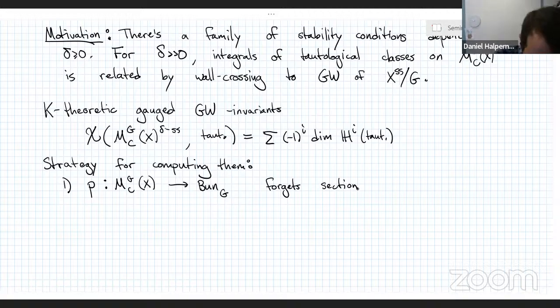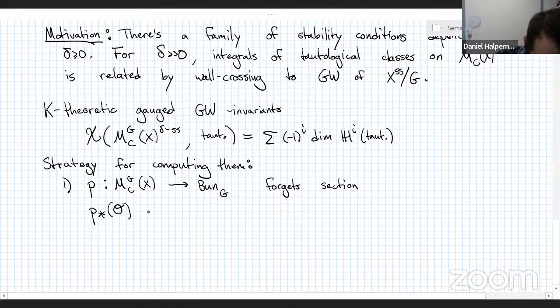This is affine, and p lower star of the structure sheaf has an explicit computation. So there's an explicit computation in K-theory.